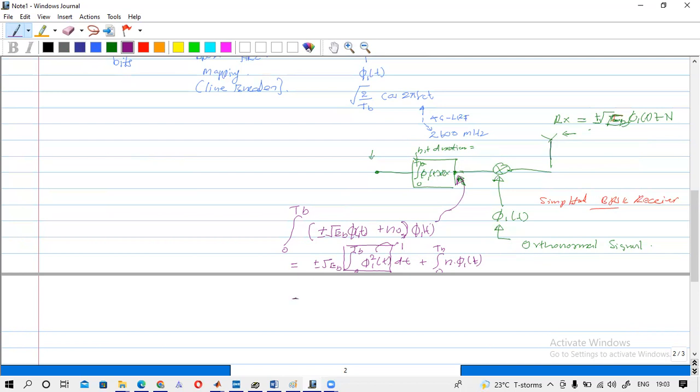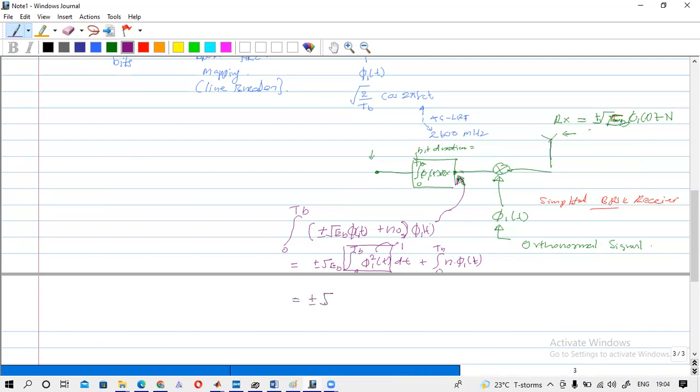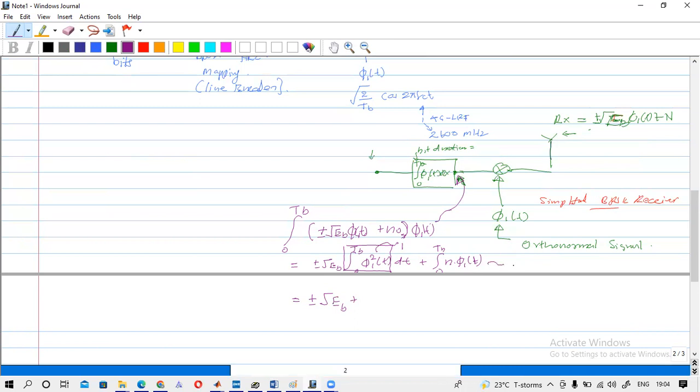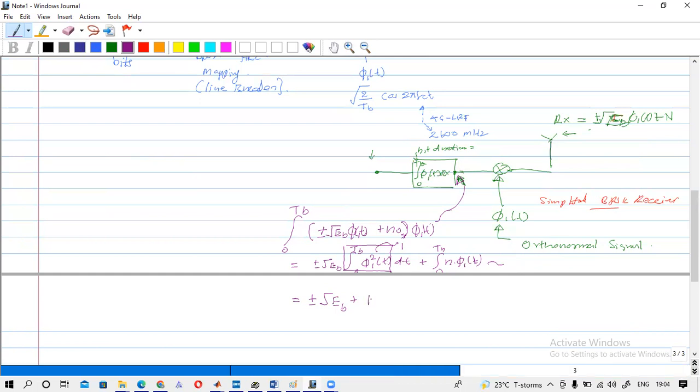So you will be having here plus or minus root EB plus some value related with the noise. Let's say that is N naught. You know that this noise is AWGN, a Gaussian variable, so this N naught also will be a Gaussian variable related with the noise power.